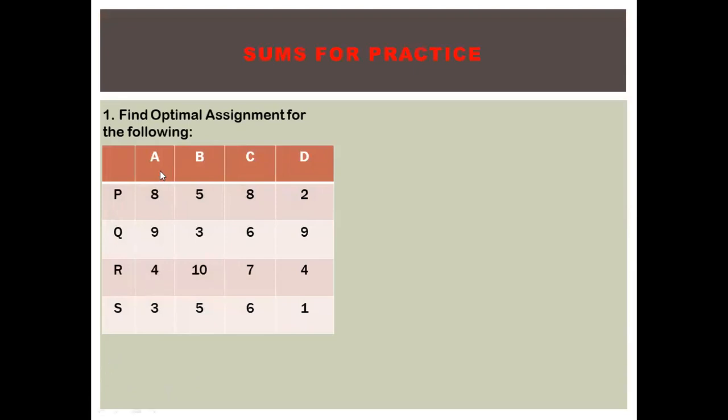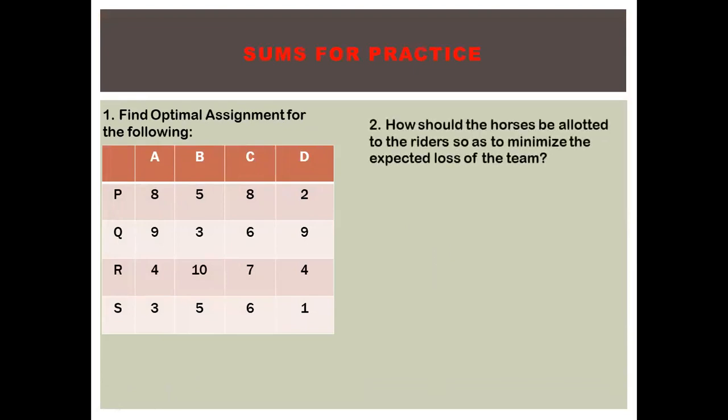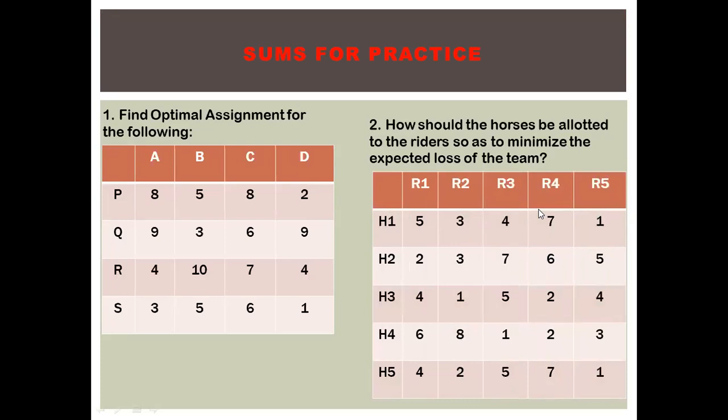The first sum is like this. Find optimum assignment for the following problem. The second one here shows how should the horses be allotted to the riders so as to minimize the expected loss of the team. Apart from these two, you can also solve sum number 2 of your exercise 7.1.